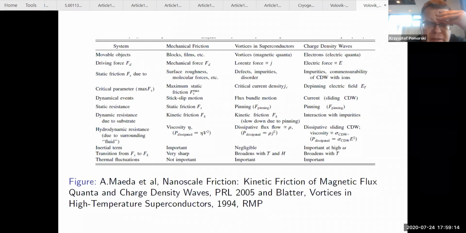And there are many other features, like thermal fluctuations, which are important in superconductors, but not so important in mechanical object movements.